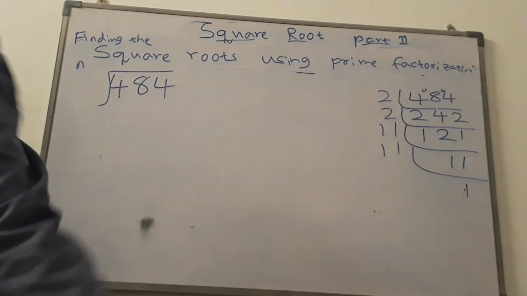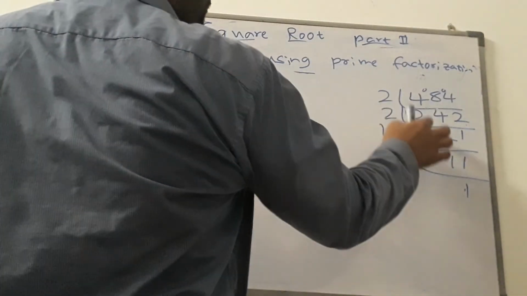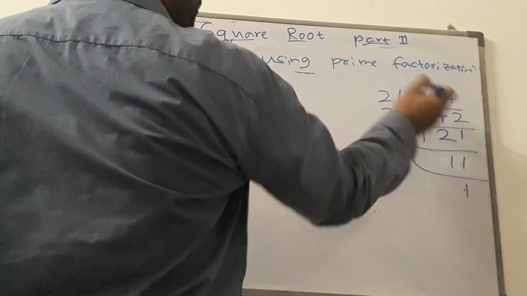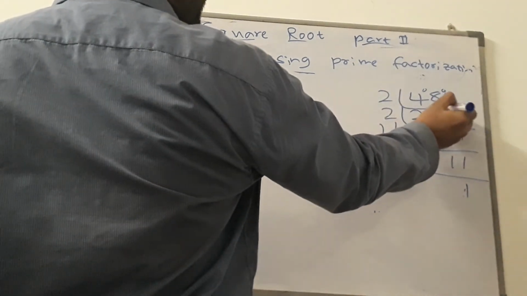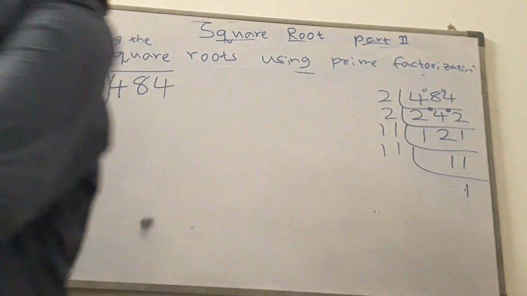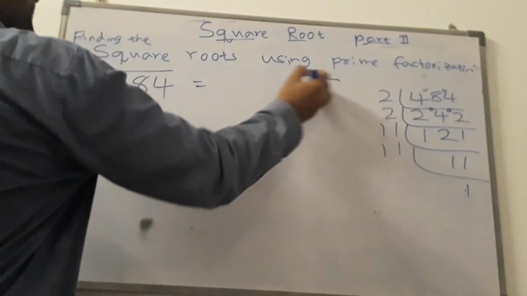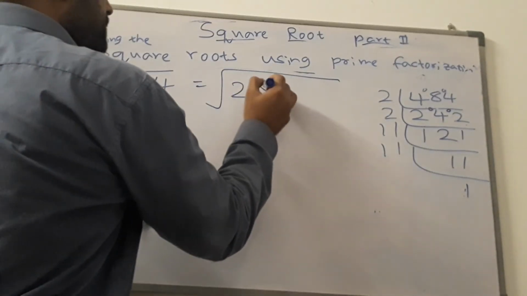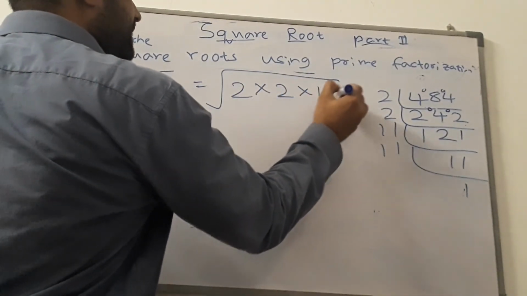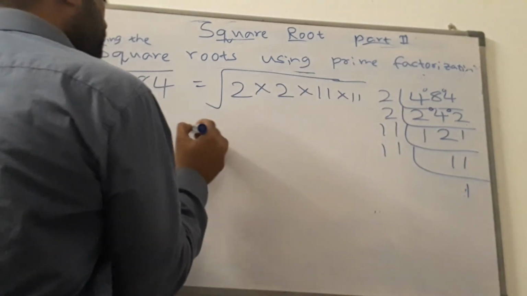Okay, same as 242. How many 2's? 1, no remainder. Then we can divide by 11. 11 times 11 is 121. So we can write this as 2 times 2 times 11 times 11.